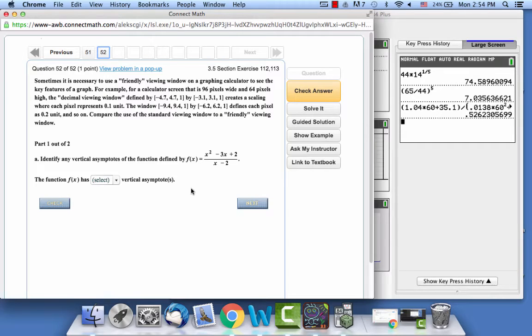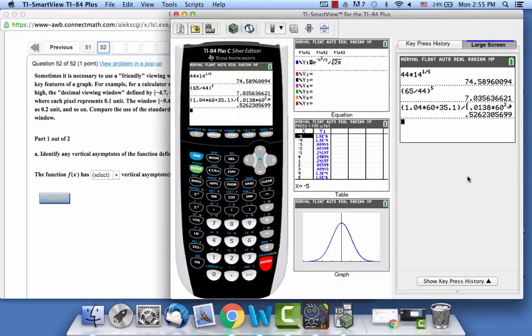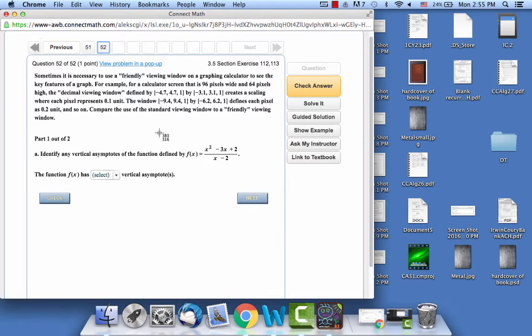The standard viewing window goes from -10 to 10 on both x and y. Okay, so let's take it over here, let me show you.